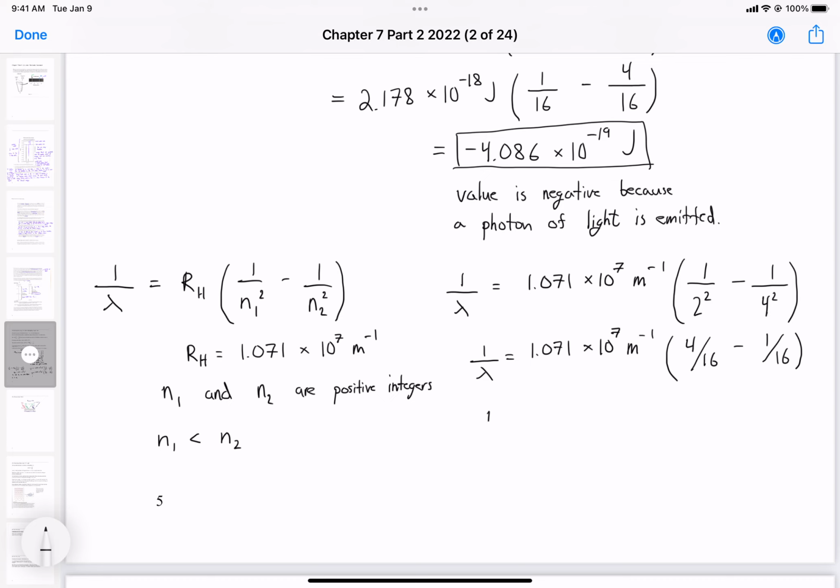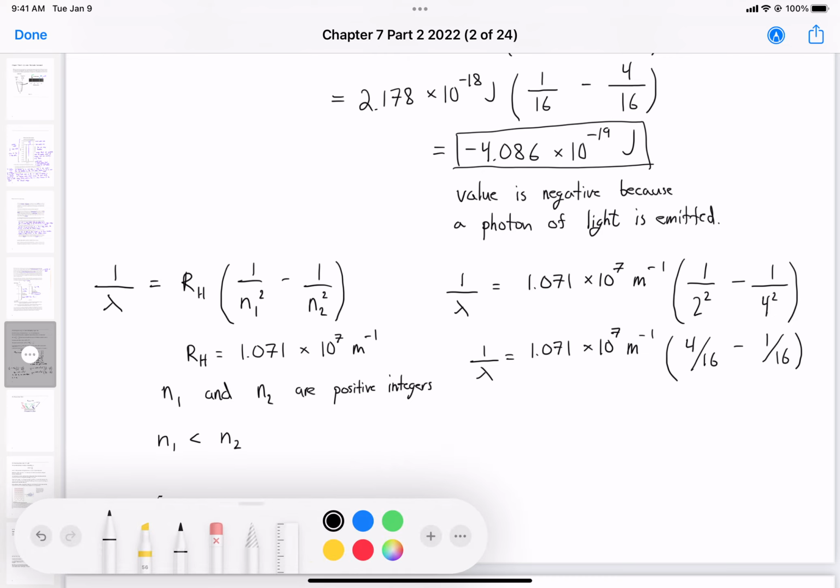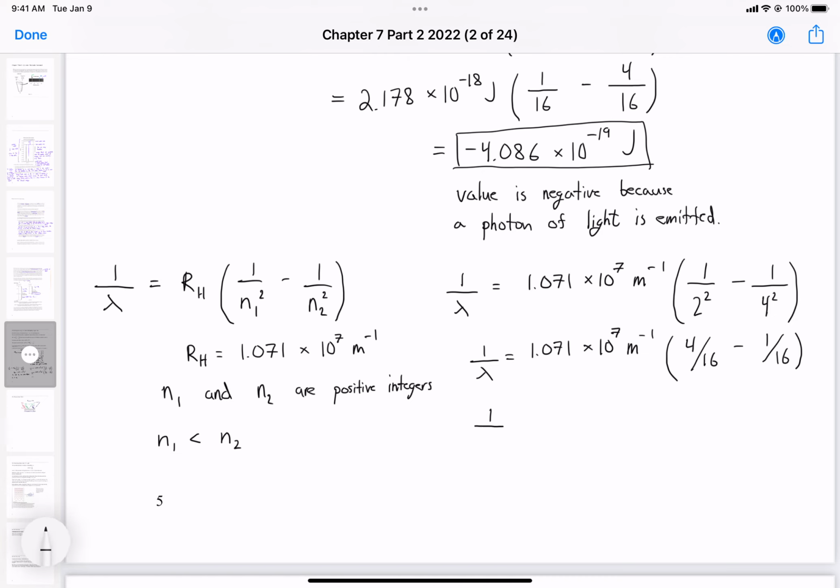So we multiply everything out here, and we get 1 over lambda, which is 1.071 times 10 to the 7th times 3 over 16.